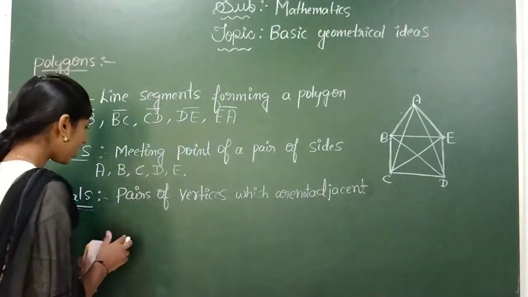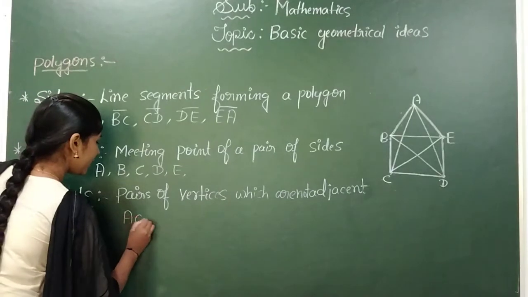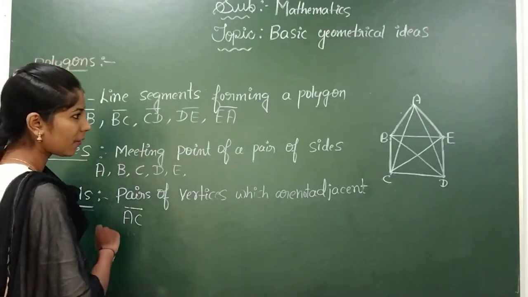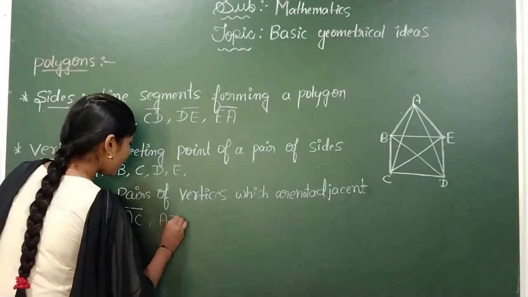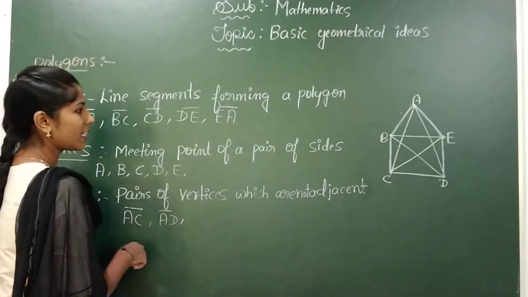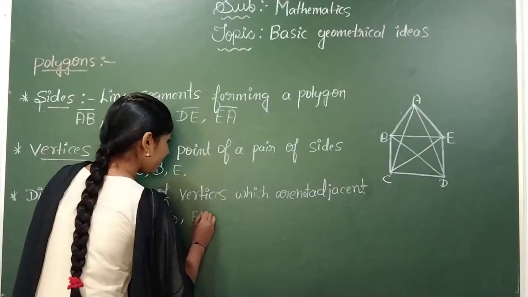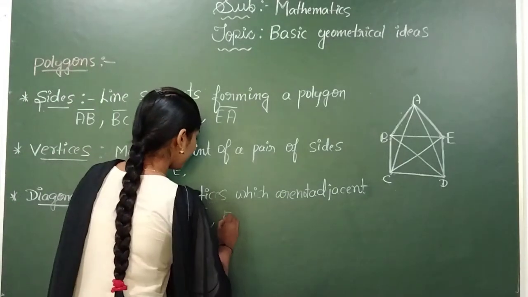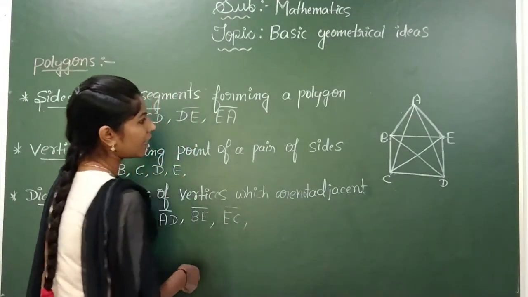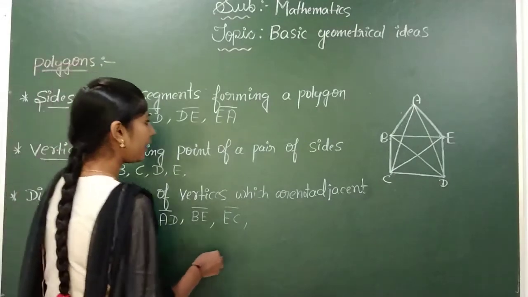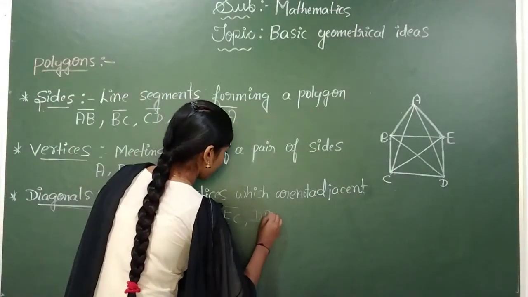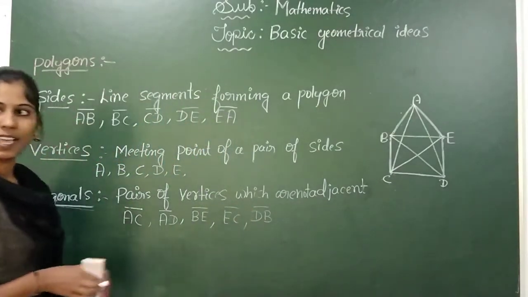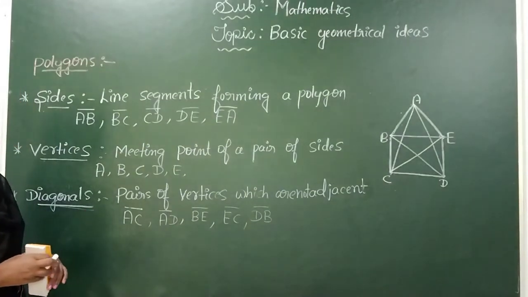So which are the diagonals? AC is a diagonal, see the figure, and AD is also a diagonal. The next, BE is a diagonal, and the next, EC is a diagonal, and the next one, the remaining BD, is a diagonal. These are all the diagonals of the polygon.